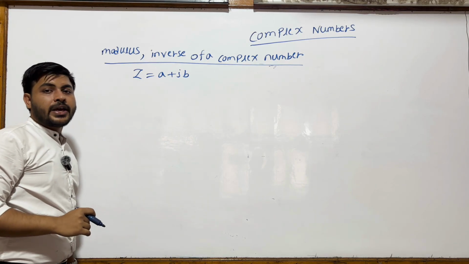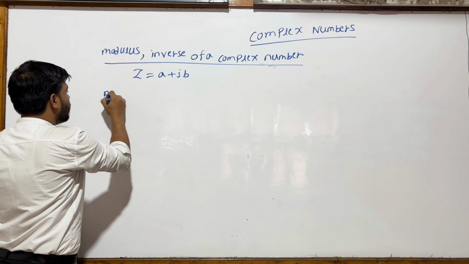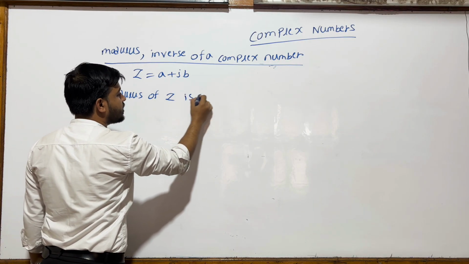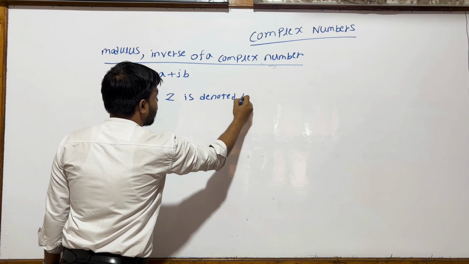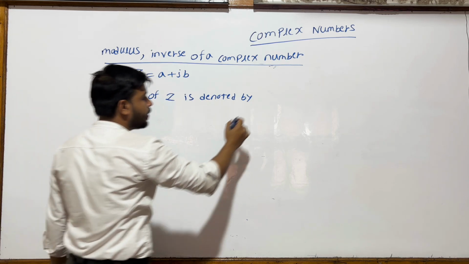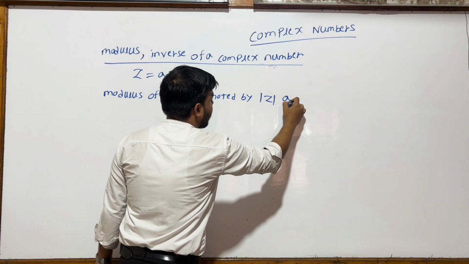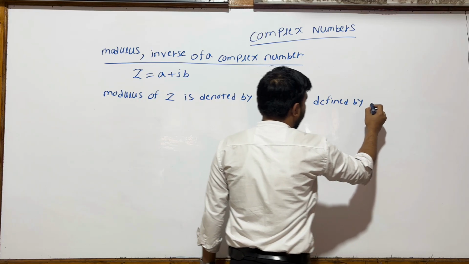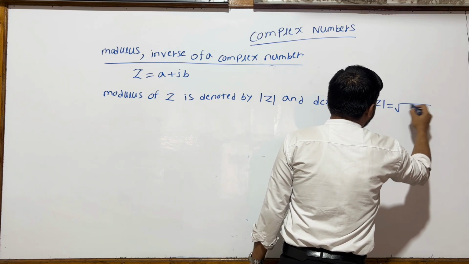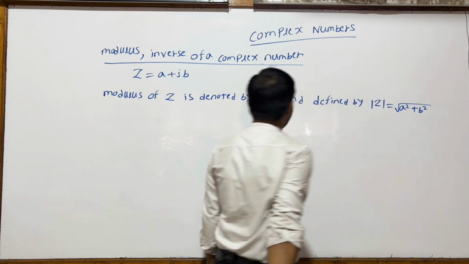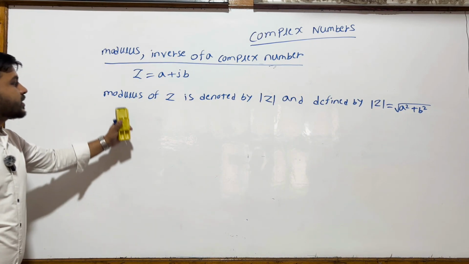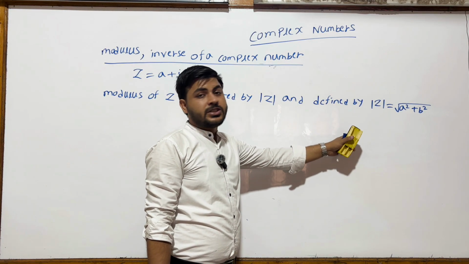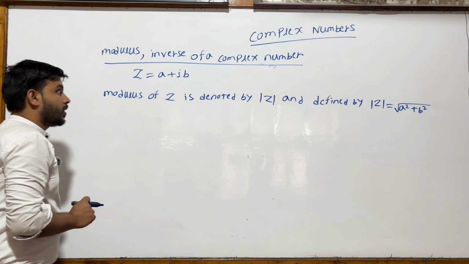The modulus of z is denoted by mod z and defined by mod z equals root under a square plus b square. Okay. So what is modulus? Modulus of z is denoted by mod z and defined by mod z equal to root under a square plus b square. Okay.